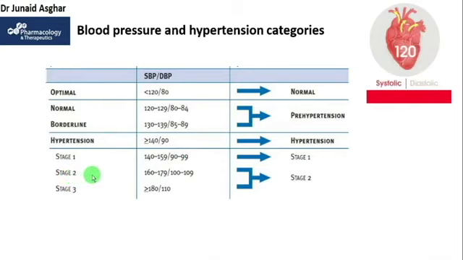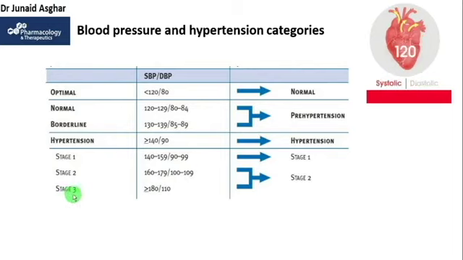Stage 2 is when the blood pressure consistently ranges at 160 to 179 and 100 to 109. At this stage, the patient usually requires more than one antihypertensive drug with different mechanisms of action to provide better control of the numbers.